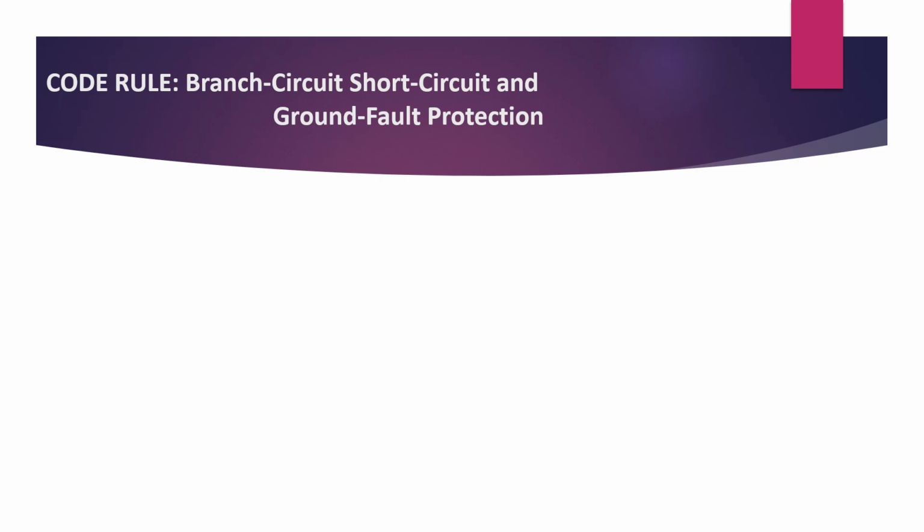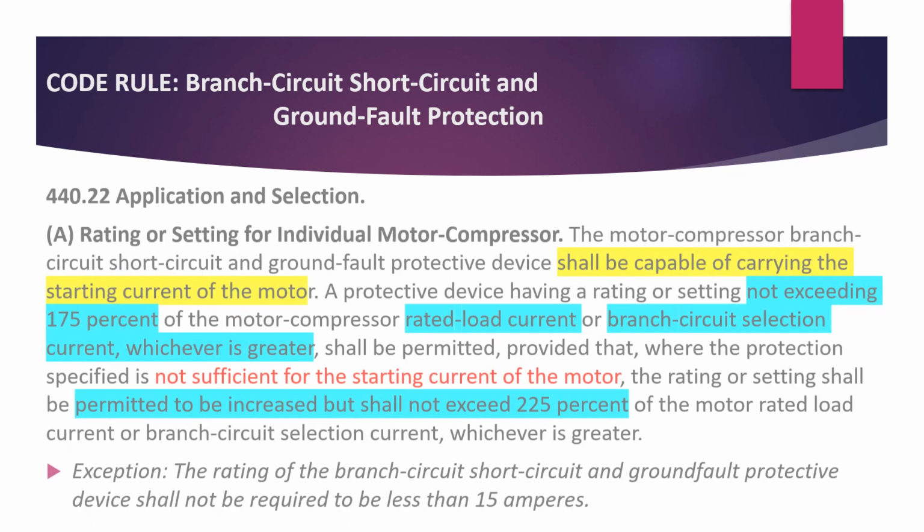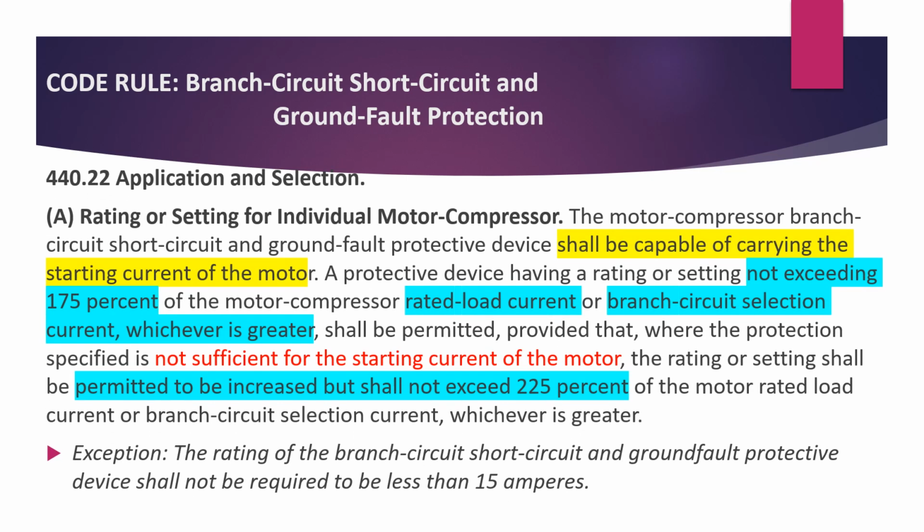Now let us go to the code rule for the branch circuit, short circuit and ground protection, or our overcurrent protection device or circuit breaker. The code states application and selection, rating or setting for individual motor compressor. The motor compressor branch circuit, short circuit, and ground fault protection device shall be capable of carrying the starting current of the motor.